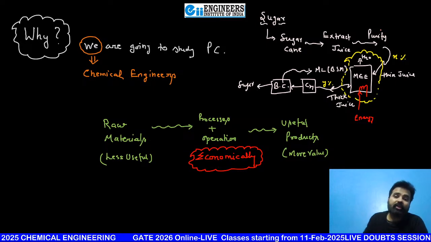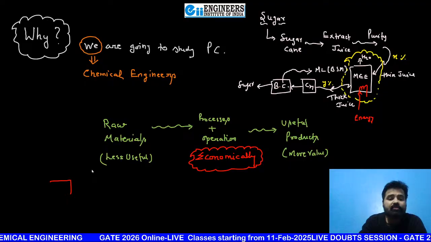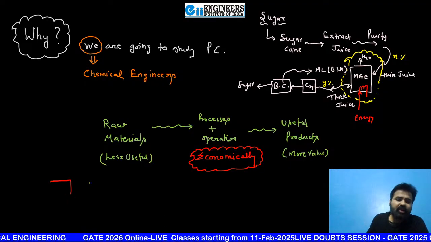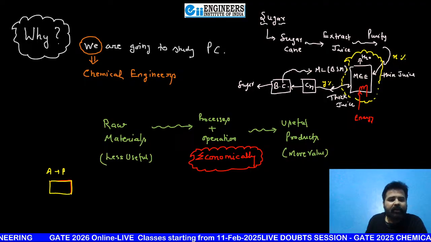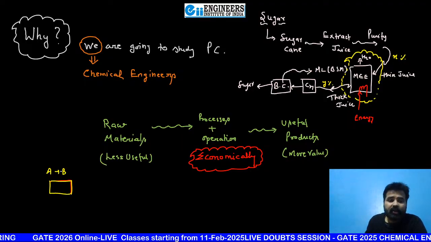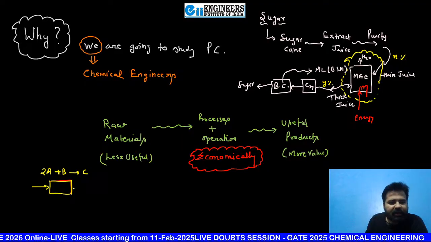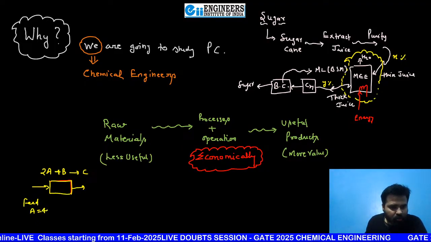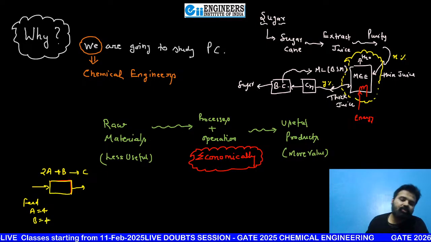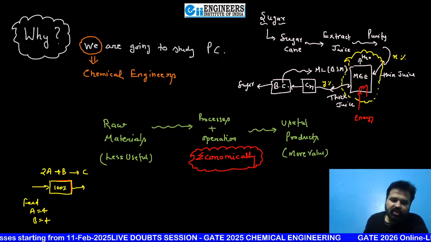And if some chemical reaction is occurring, suppose A is forming C, or A plus B, or 2A plus B is forming C. And in your feed, beta, suppose you are taking A 4 moles, B 4 moles, and suppose 100% reaction is going to occur.